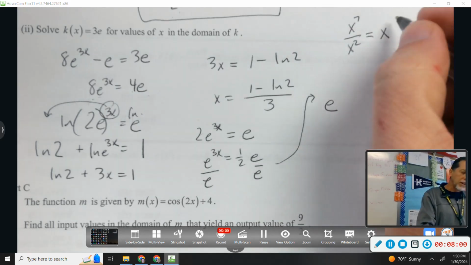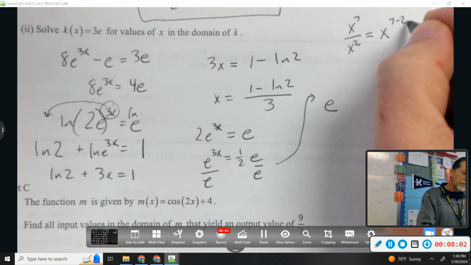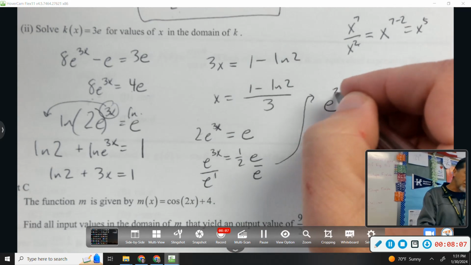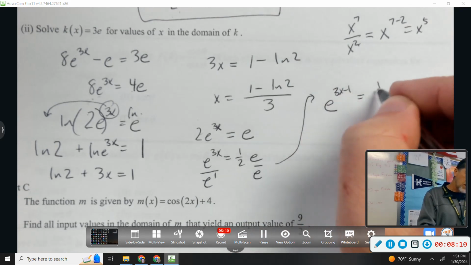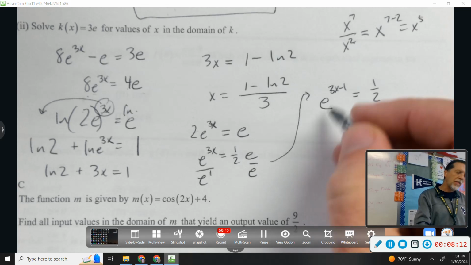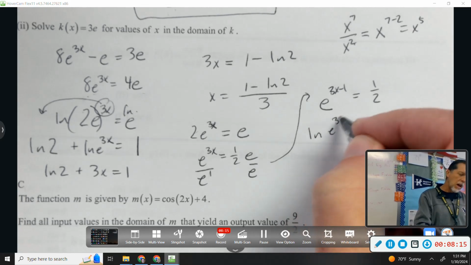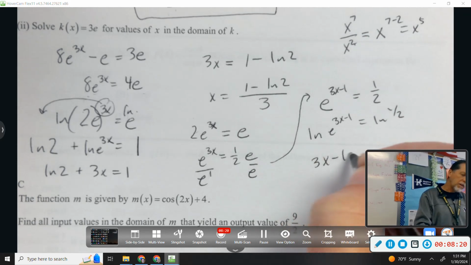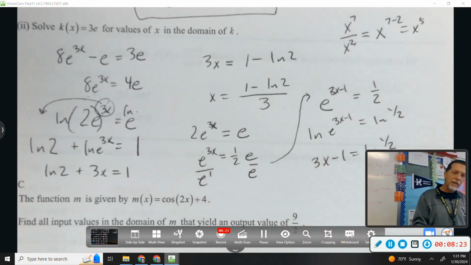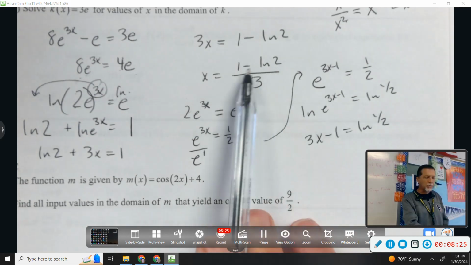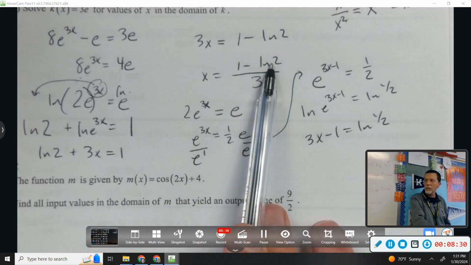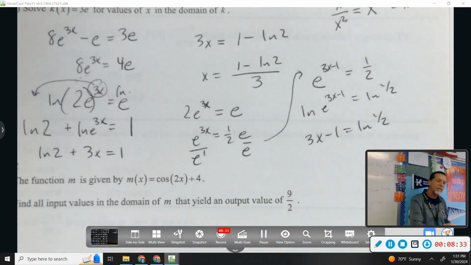Because what did you do? 7 minus 2 is 5. So 3x minus 1 is just 3x minus 1. And then you can natural log both sides. So you'd have 3x minus 1 equals natural log of 1/2. That negative coefficient can become an exponent, which flips it over to 1/2. That's a crazy problem with a variety of ways to get there.